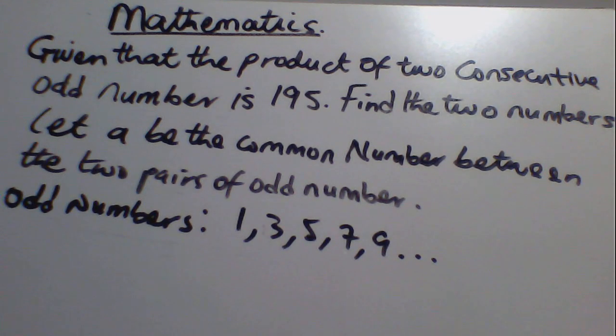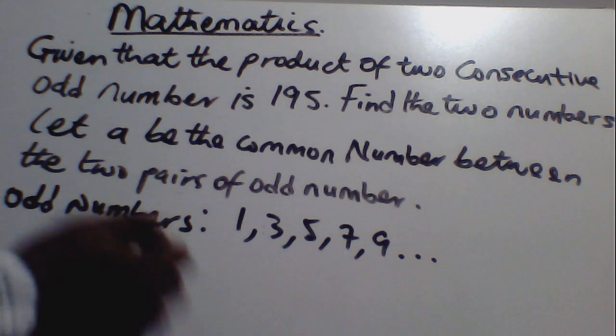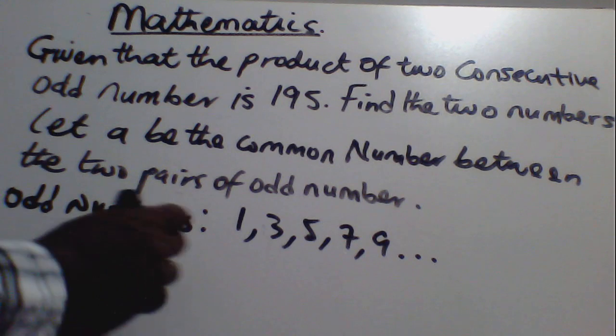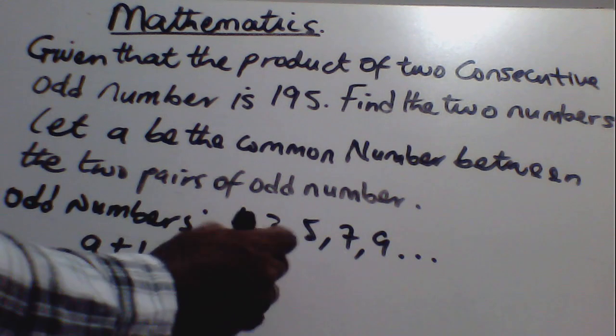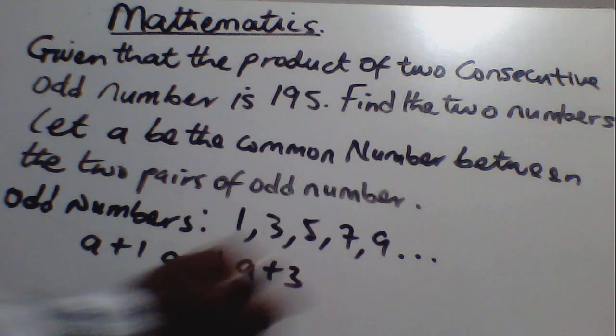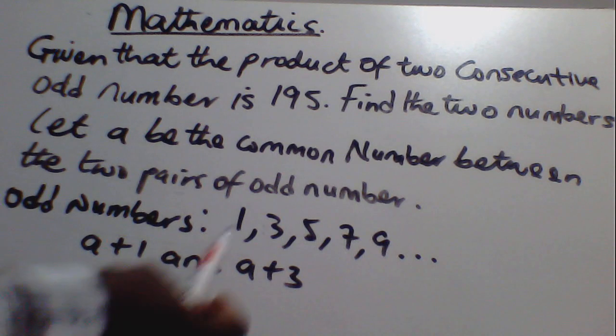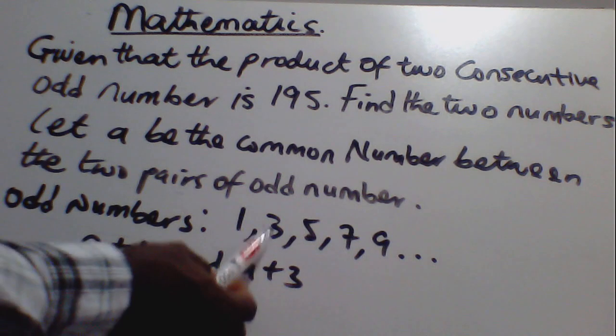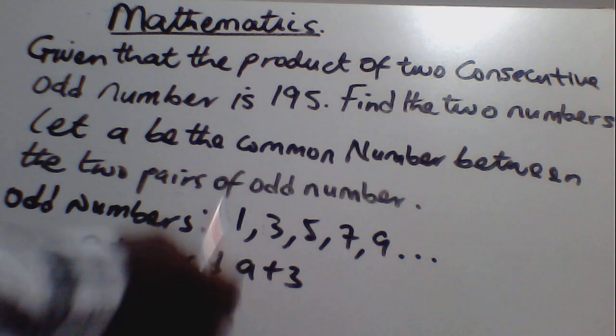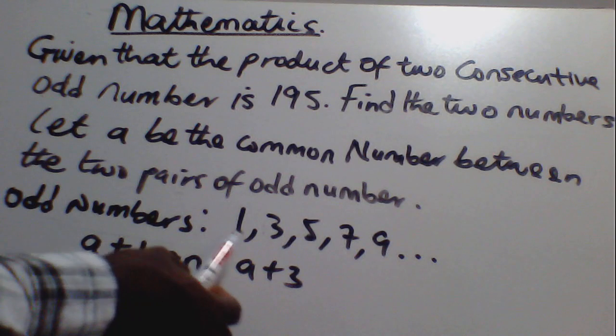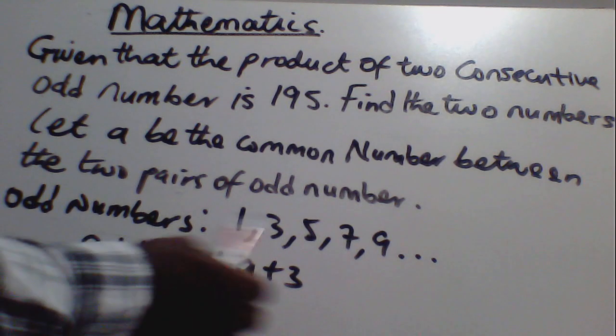So if we say that the common number between the odd numbers is A, in that case the numbers will be A plus 1 and A plus 3, because they are consecutive, which means that the next odd number follows the first one. So they are pairs.